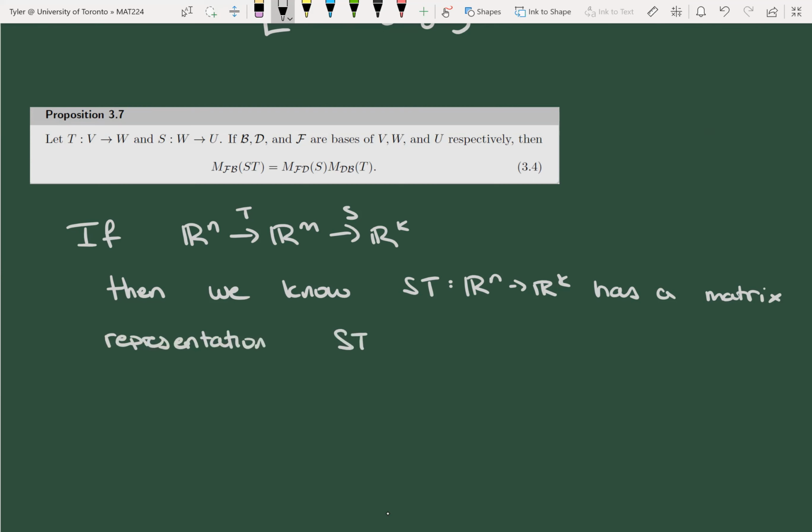So ST acting on x is Cx, where C is a k by n matrix.